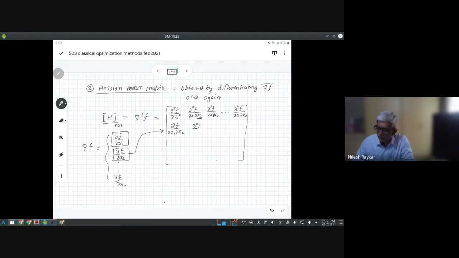So it is dabba 2f by dabba x2 dabba x1, then dabba 2f by dabba x2 square, and so on, up to dabba 2f by dabba x2 dabba xn. The last row ends with dabba 2f by dabba xn square. So that is the way the Hessian matrix is calculated.